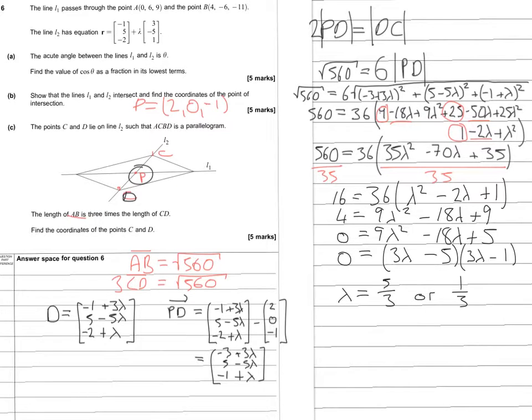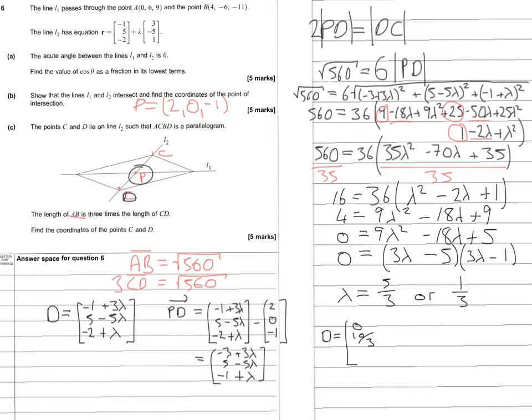So that's given me my 2 lambdas, one for C and one for D. So put those back into my equation for D. We'll just say D is equal to, with λ as 1/3, -1 plus 1, which is 0. 5 minus 5 times 1/3, 5 minus 5/3, that's 15 minus 5 is 10/3.